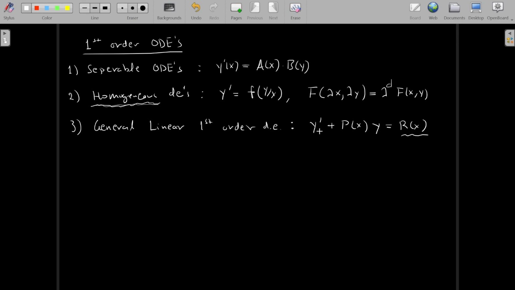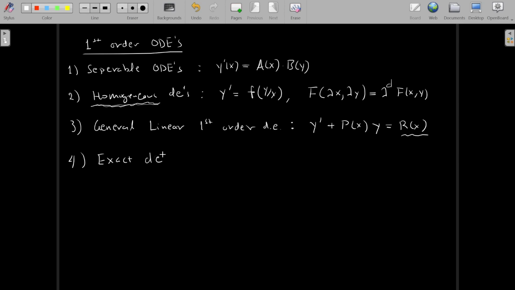What does linear mean? It means that the order of y in each term that is summed is the same. So if we had something like y here or y squared here, this would be a linear equation. But it can be proved easily that the first order general linear differential equation has an exact solution, and we will check what that is.